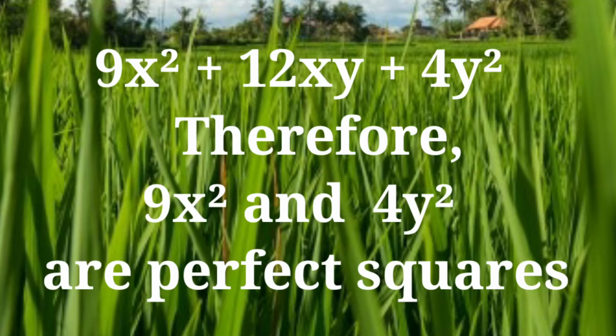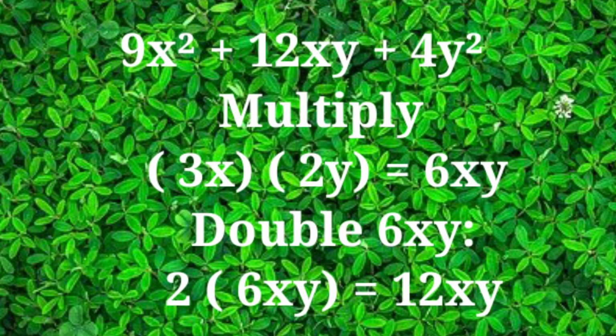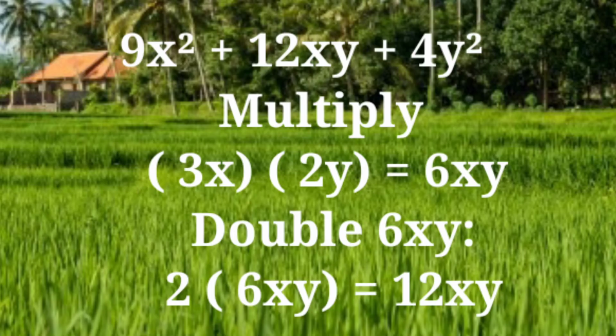Nine x squared plus 12xy plus 4y squared. Therefore, 9x squared and 4y squared are perfect squares. Multiply 3x times 2y equals 6xy.